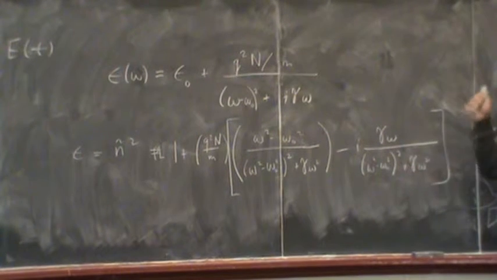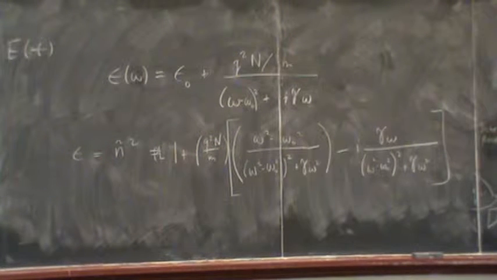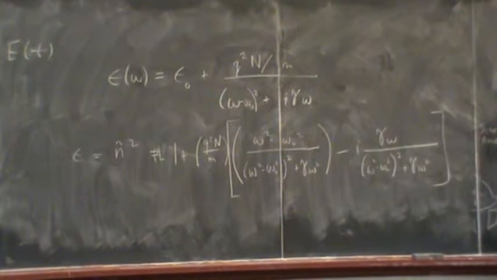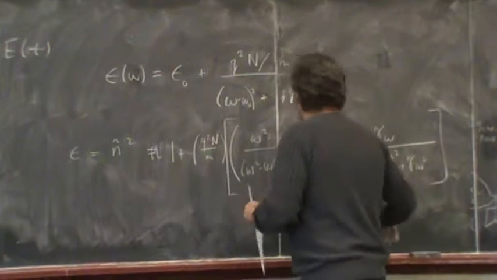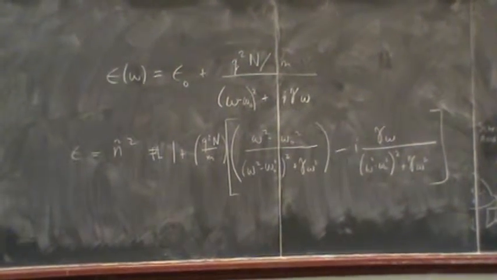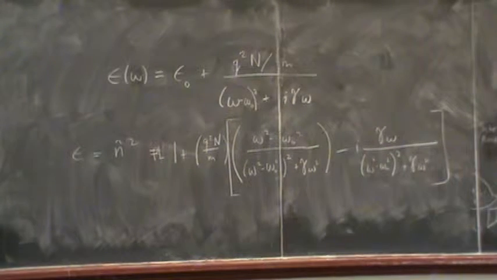All just coming from a driven oscillator with a natural frequency of omega naught, right? And a damping term gamma. So what do those look like? I have them plotted out very nicely.